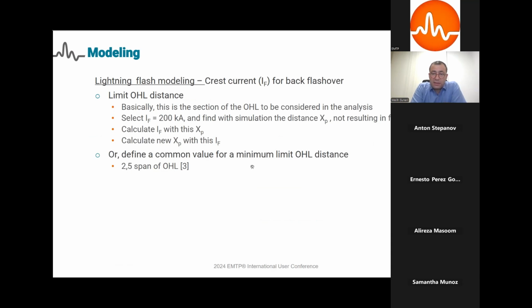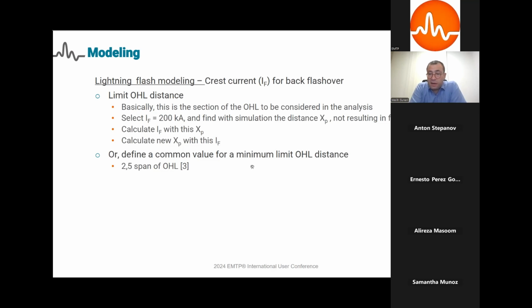So this selection can be either iterative or based on very simple assumptions. If an iterative solution is used, then a maximum value of 200 kA can be selected. Then with simulation, the distance XP, which would not result in a failure in the substation equipment, can be found.